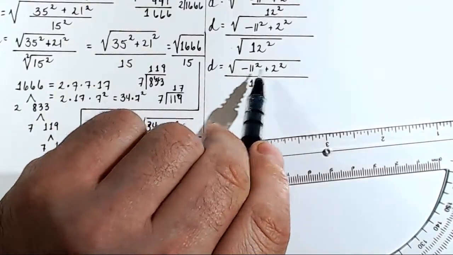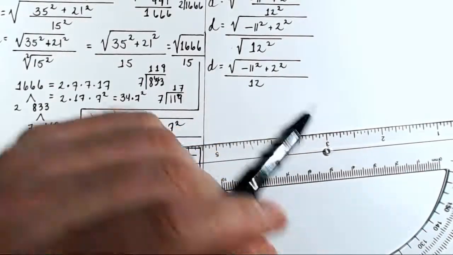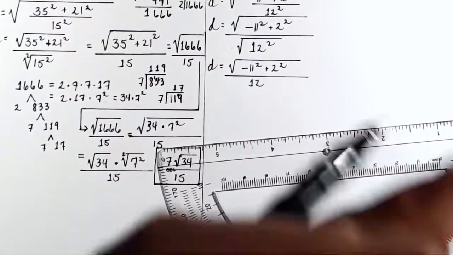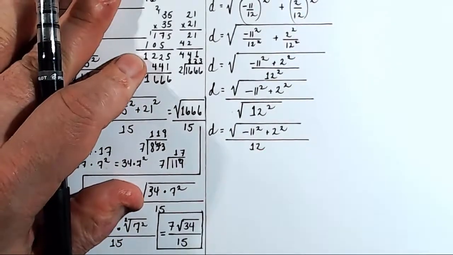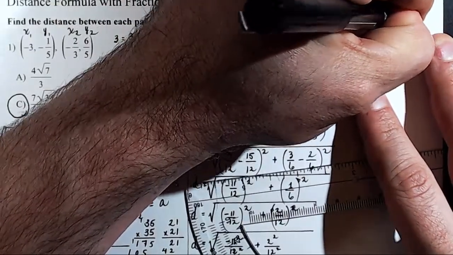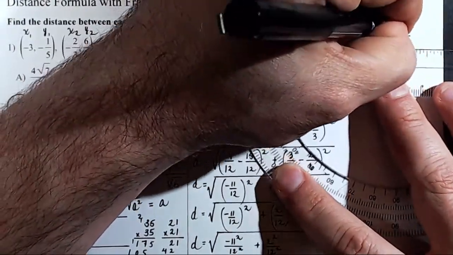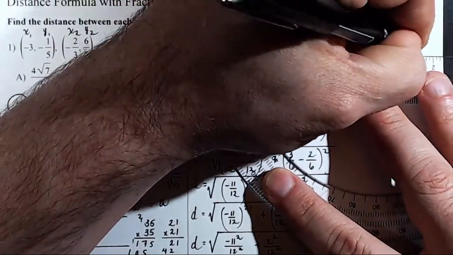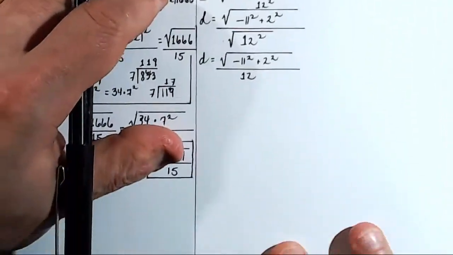All right, now we can work on the numerator here. We're still working in here. I've got to do 11 times 11. Okay, so negative a number squared is going to be positive. So anything negative that's squared is going to come out positive. So negative 11 times negative 11 is going to be a positive number. Side work, haven't had to do much yet. 11 times 11 is 121.